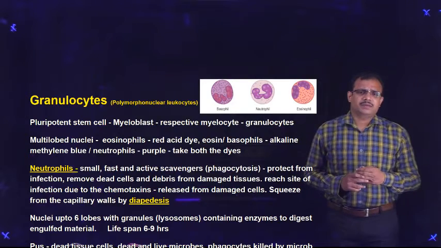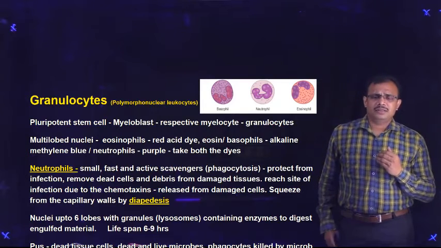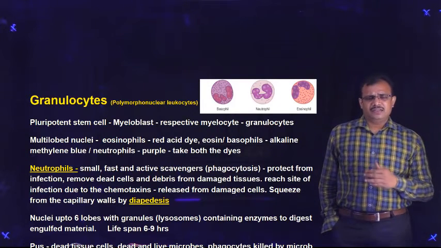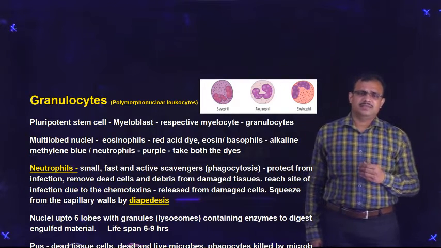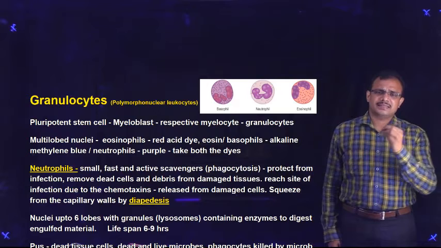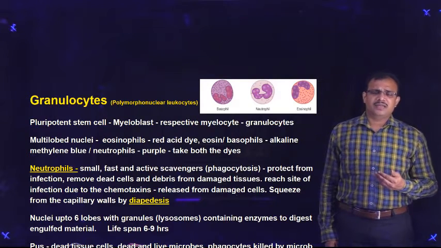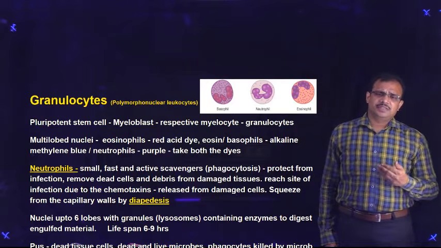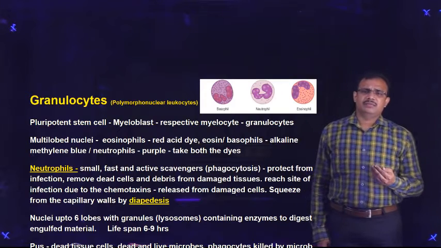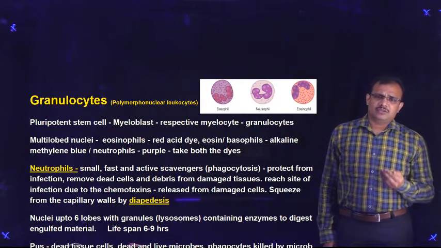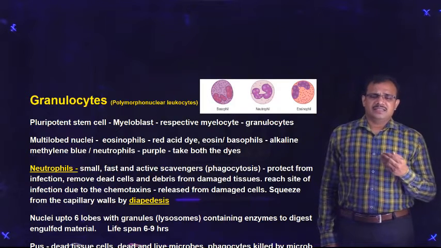We have seen pluripotent stem cell is the stem cell which gives rise to all the blood cells, and granulocytes also originate from the pluripotent stem cell, and this gives rise to a precursor cell that is called myeloblast, and this myeloblast gives rise to respective myelocytes such as neutrophil myelocyte, eosinophil myelocyte, and basophil myelocyte, and this once again gives rise to respective cells.